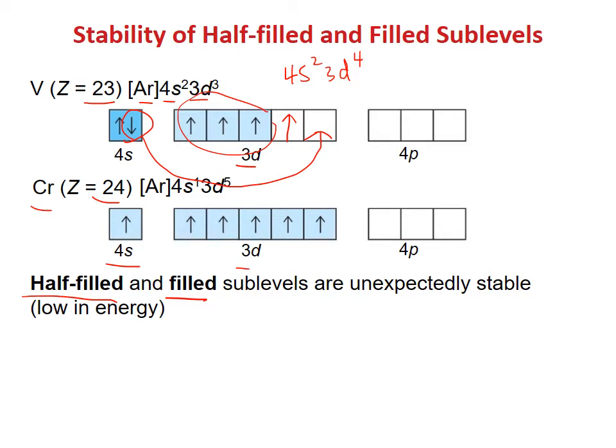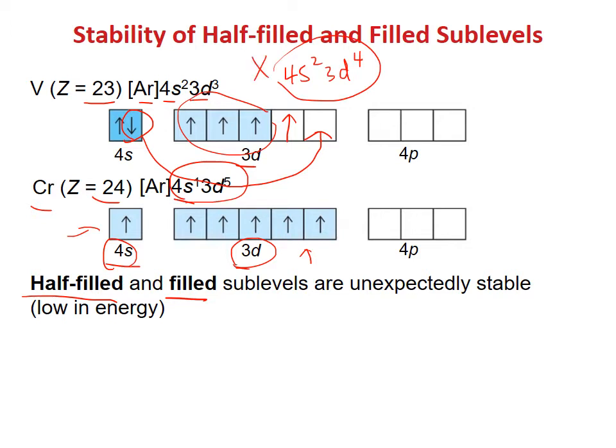So 4s1 becomes half-filled, and 3d also becomes half-filled because 3d can hold 10 electrons and now has 5. So both become half-filled, and that is very stable. So this is the correct electron configuration for chromium, 4s1, 3d5 instead of 4s2, 3d4.